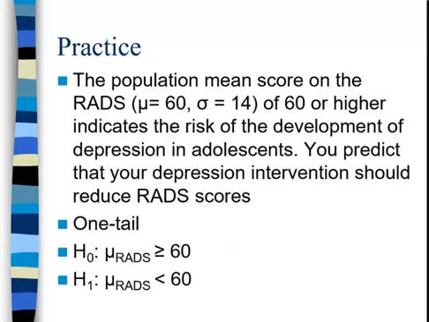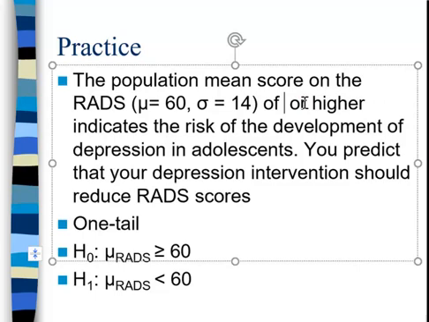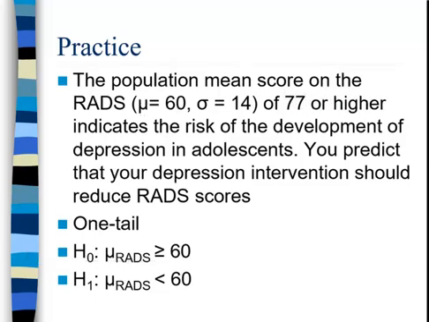Yeah, so this should hopefully be a one-tailed test. That's the answer you came up with, right? Because you predict that your depression intervention should reduce RADS scores. So you have no idea what it's going to be. It could be 59, it could be 54, who knows.